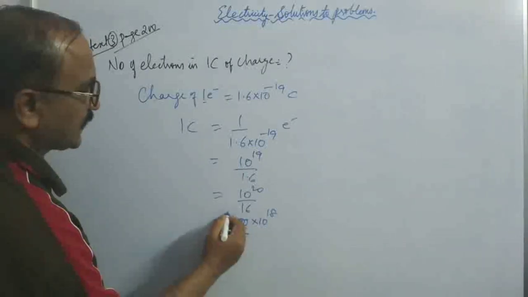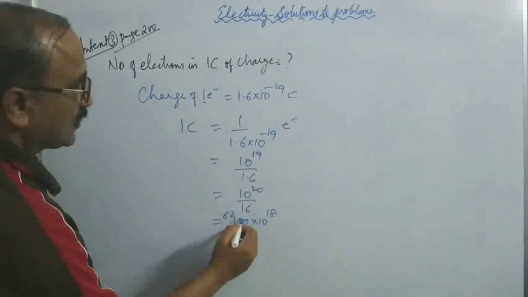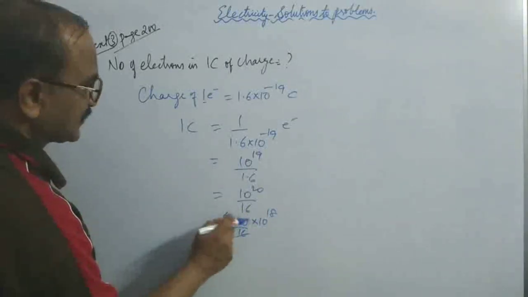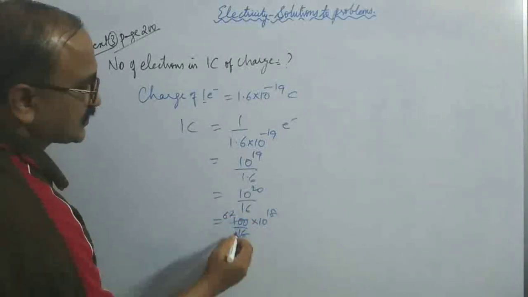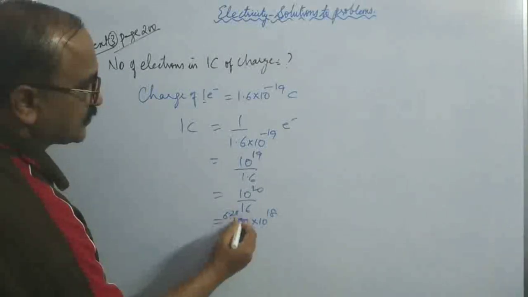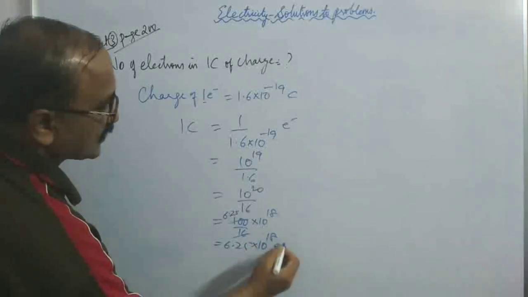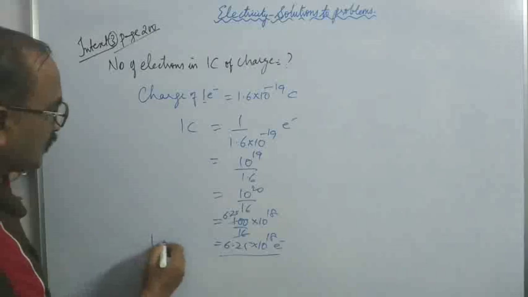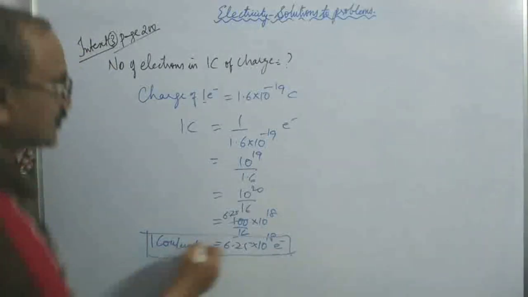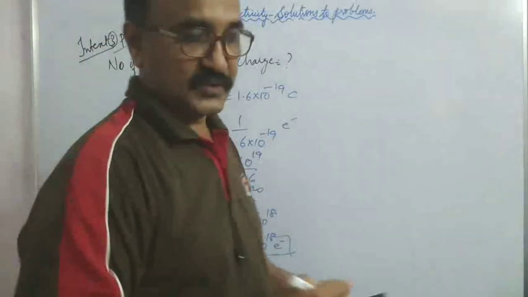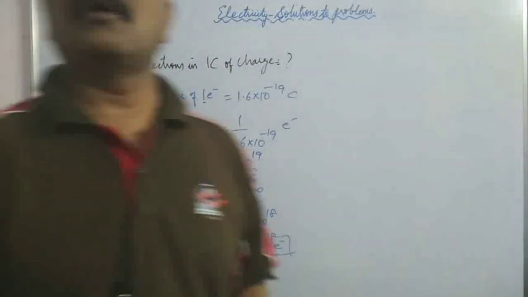Dividing, that becomes 6.25 into 10 power 18 electrons. So 1 coulomb of charge has 6.25 into 10 power 18 electrons. This is the number of electrons in 1 coulomb of charge.